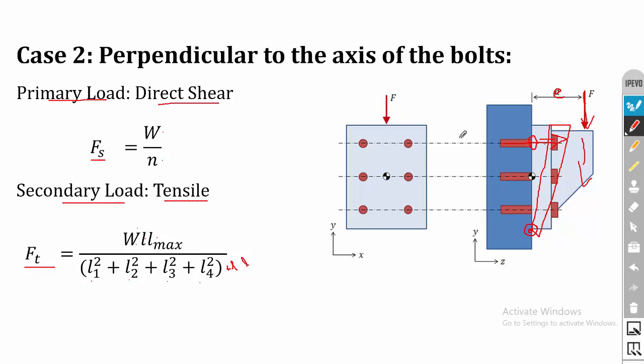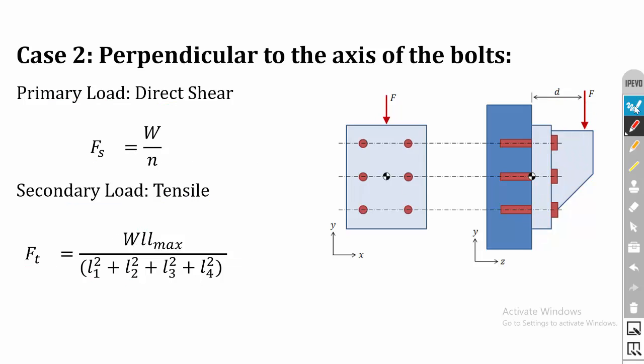Here W is the load, L is the perpendicular distance between the pivot point and the load, and L1 is the perpendicular distance between the pivot point and the axis of bolt 1. Similarly, L2 is the distance between the pivot point and the axis of bolt 2, and L3 is pivot point to axis of bolt 3.